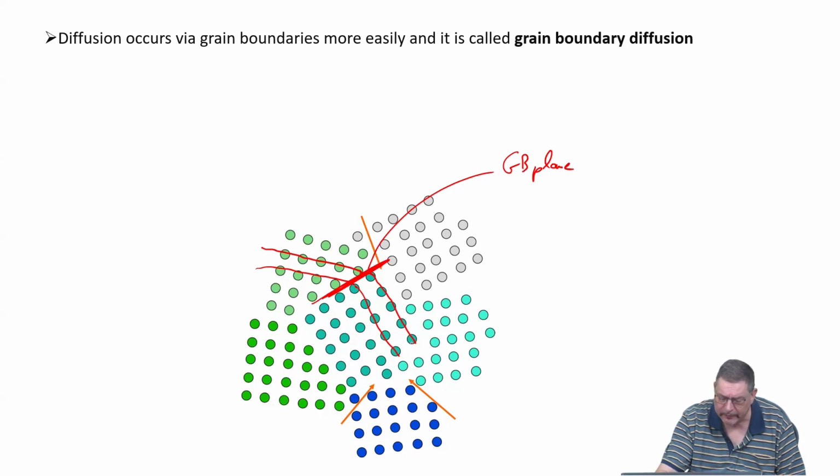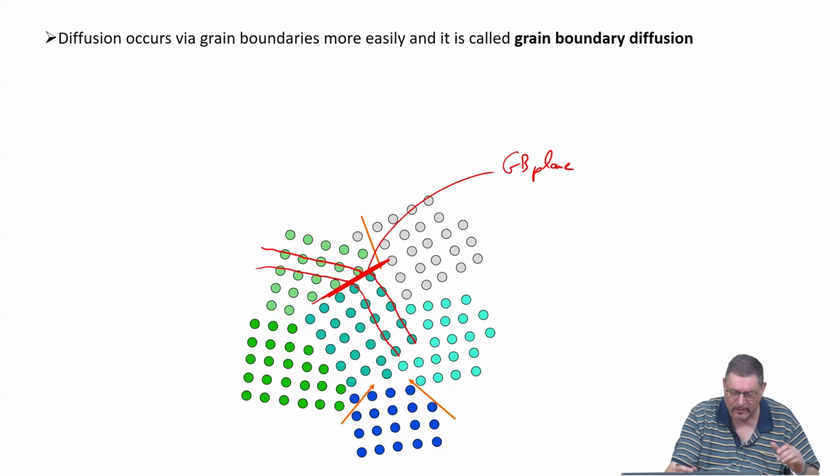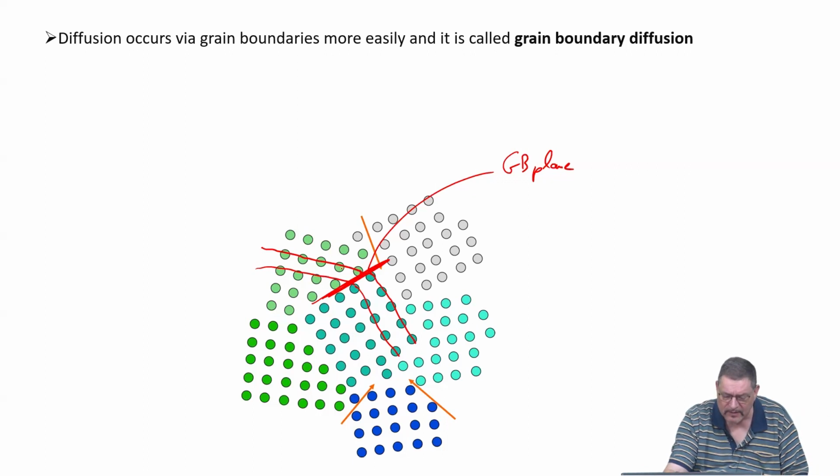And you see when you follow one lattice plane up to the boundary, then the differently oriented lattice plane in the neighboring grain is directly connected.